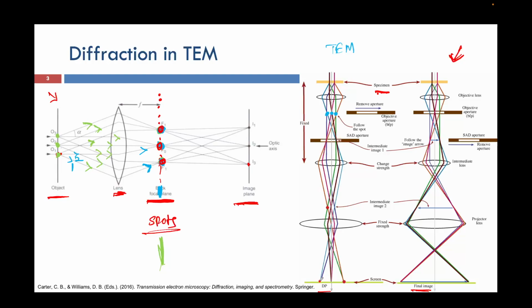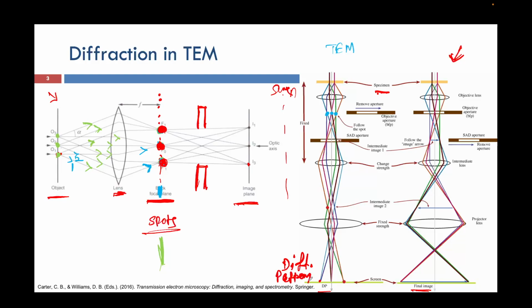Ultimately, I am allowing all the rays which are going to form a spot. So let's say I put the screen here after I allow all the rays that have formed the spot. In that scenario I will be getting the diffraction pattern.